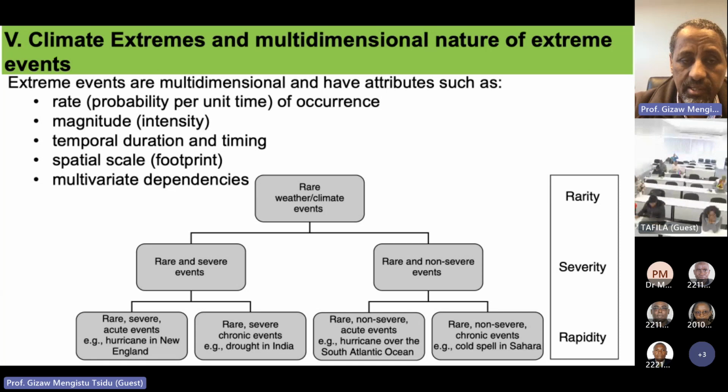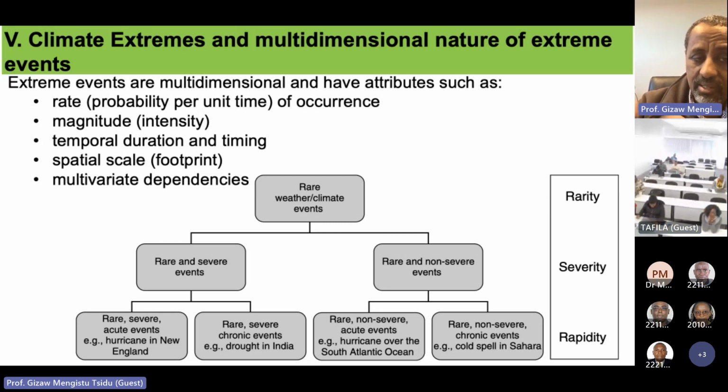Magnitude, the intensity, not only the frequency of occurrence but the magnitude, because extreme events have different magnitudes, as we have seen. So you can use that as an additional dimension. Rate is one dimension. If you add magnitude, it's going to be the second dimension, another way of characterizing the extreme climate event.